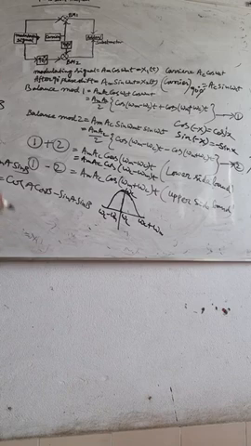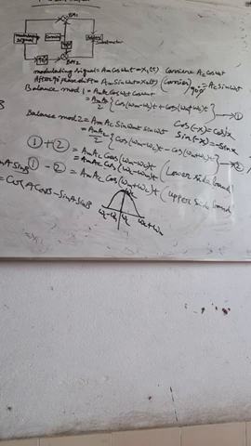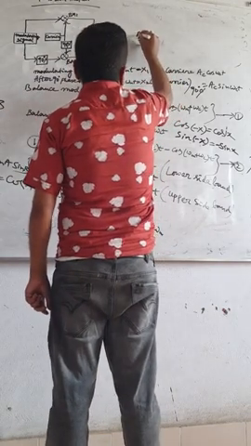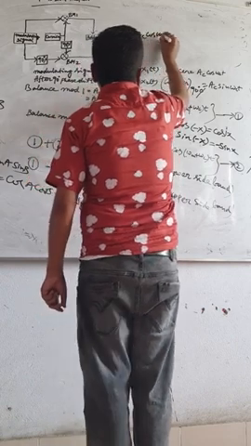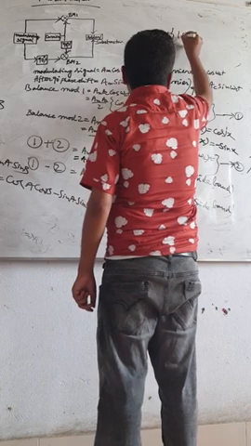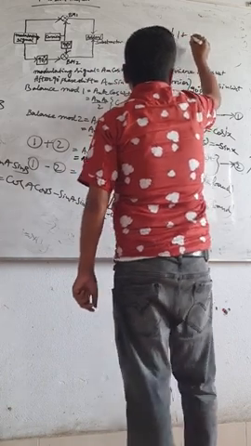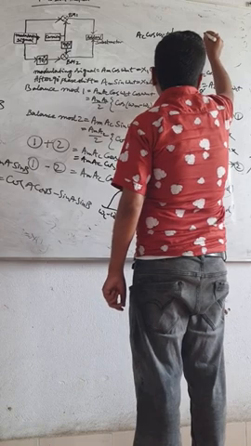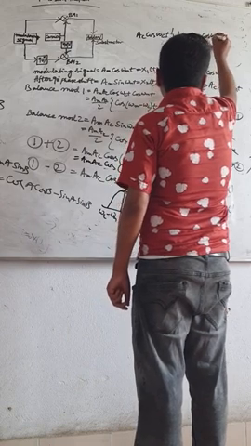Remember the DSB-FC equation: Ac cos of omega ct into 1 plus Am cos of omega nt.